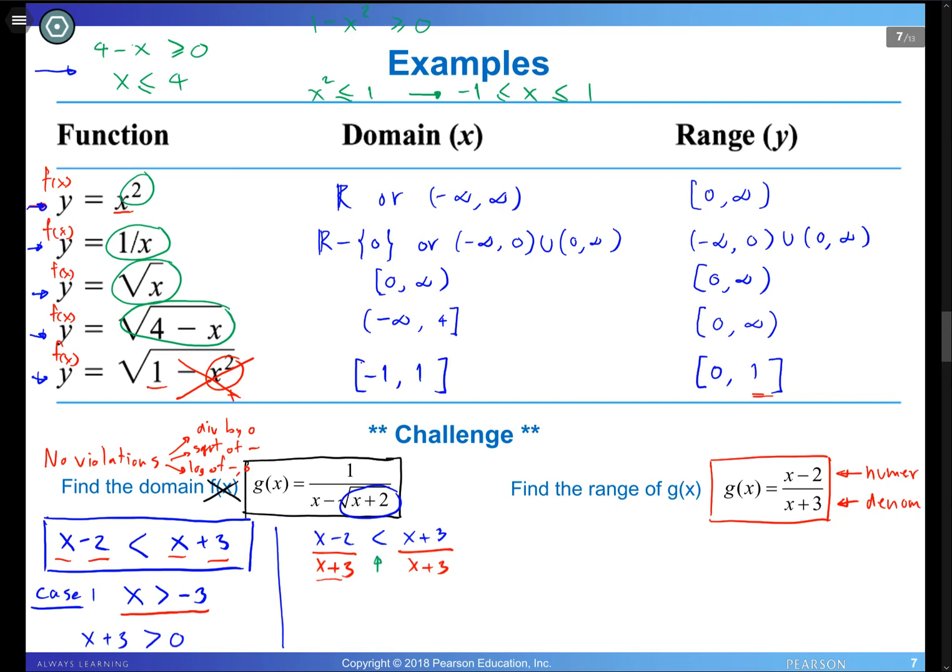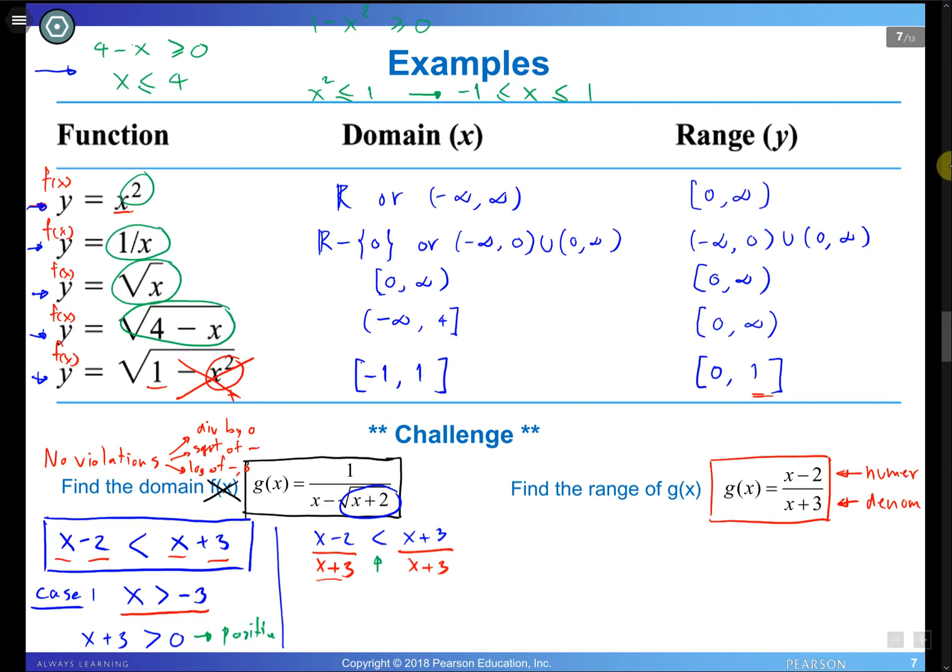We don't have to flip it because this is division by a positive value. I make the division with a positive value, so I don't need to flip the sign.